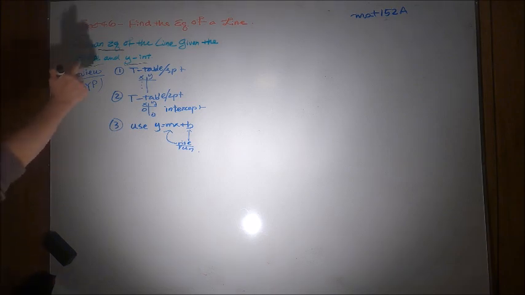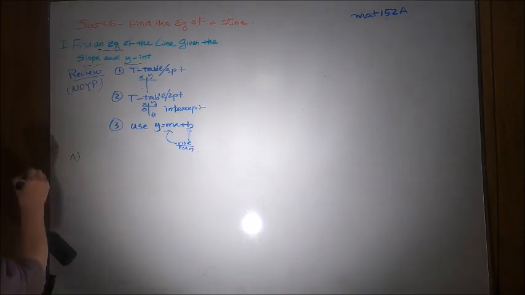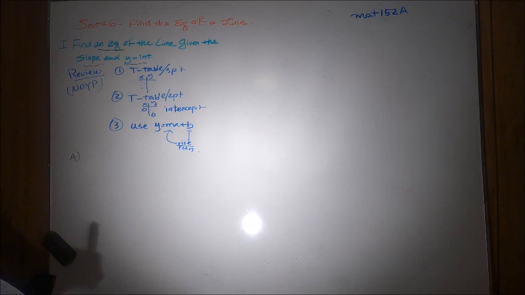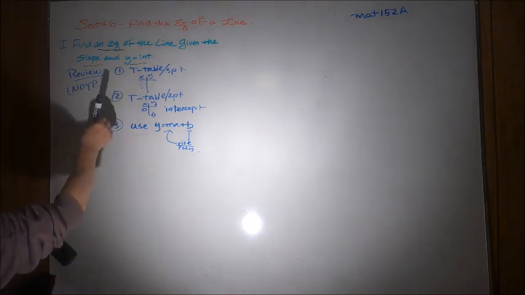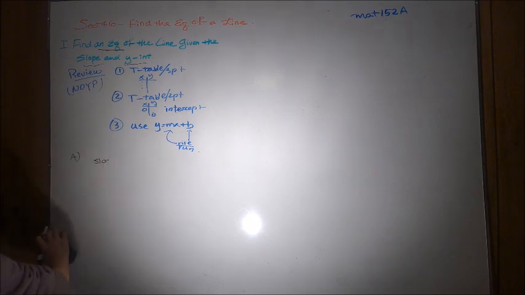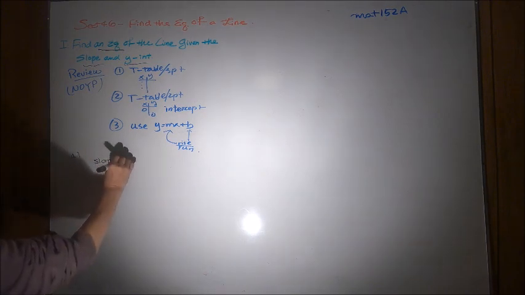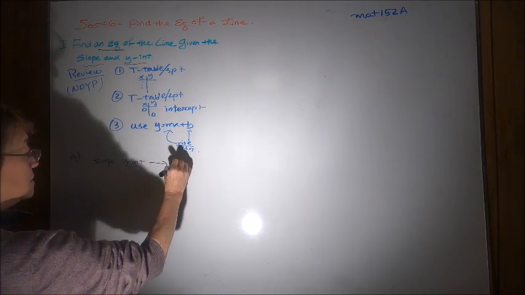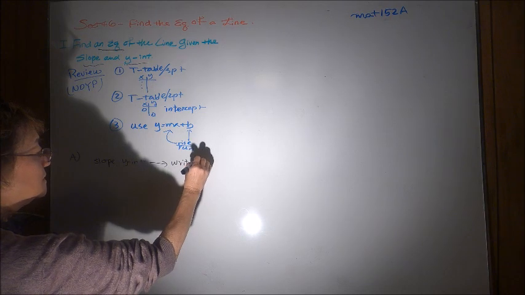So for the first one on your page 32, we said if you have a slope given, right? Slope and the y-intercept, you should be able to write the equations, right?